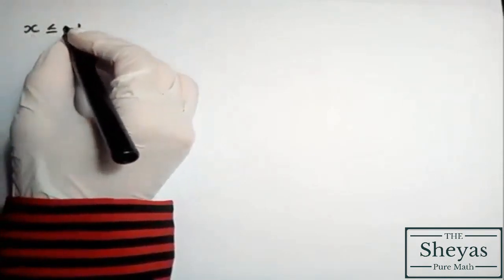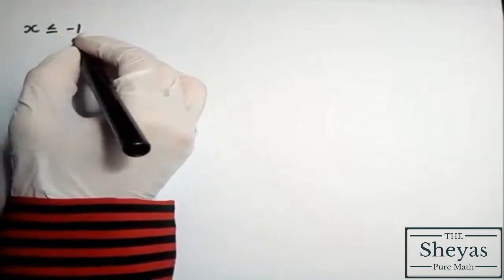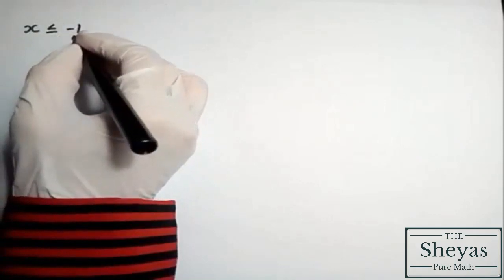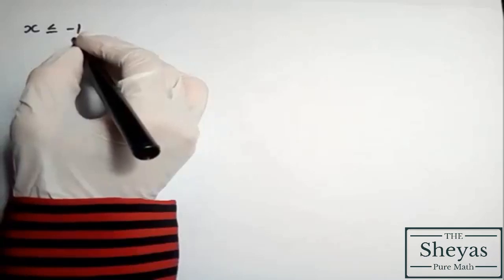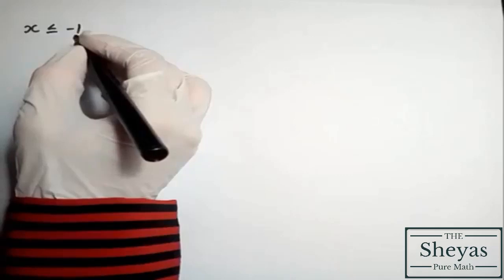First we consider the first region, x less than or equal to minus 1. You have seen in my previous video on increasing functions, when you get two values, we consider these three regions and check whether the function is increasing or decreasing. The same thing we are following here also.